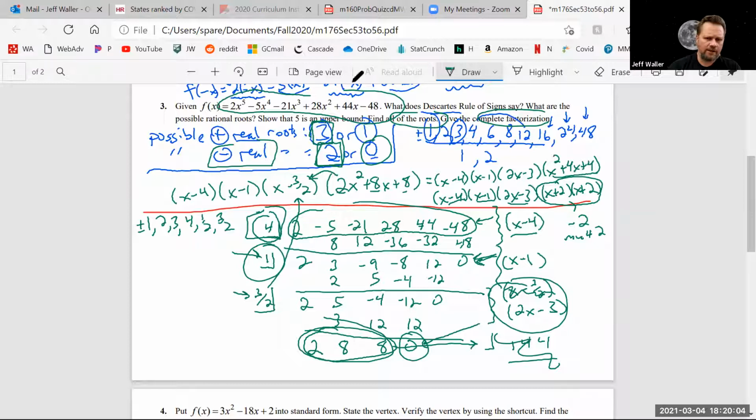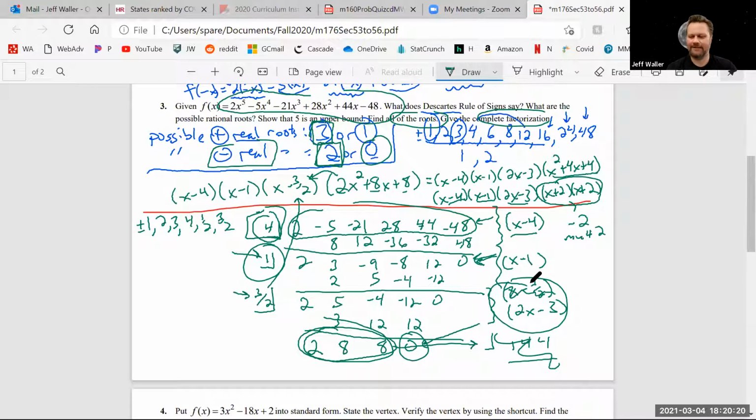I mean, there's a lot going on in that problem. I have a question. Yes. So you said if the degree is 5, there should be 5 zeros. Totally. Yep. And there are.